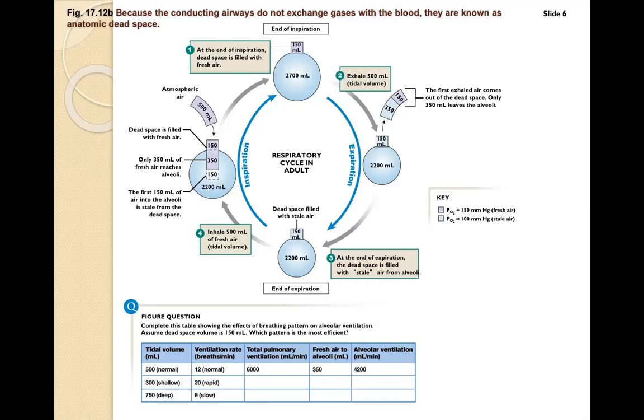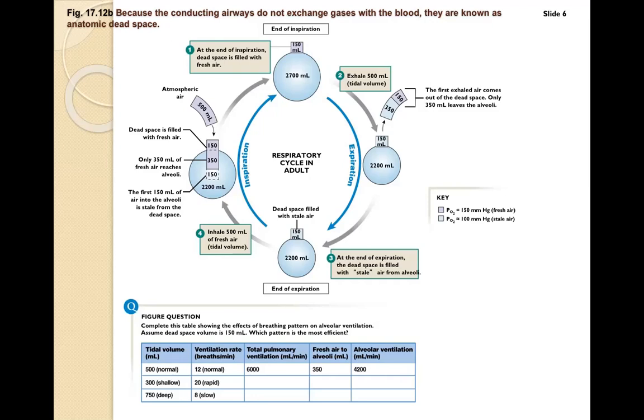Pulmonary ventilation, alveolar ventilation, and air to alveoli. It's going to seem a little messy at first, but we'll work through it. I'm not a very good drawer.